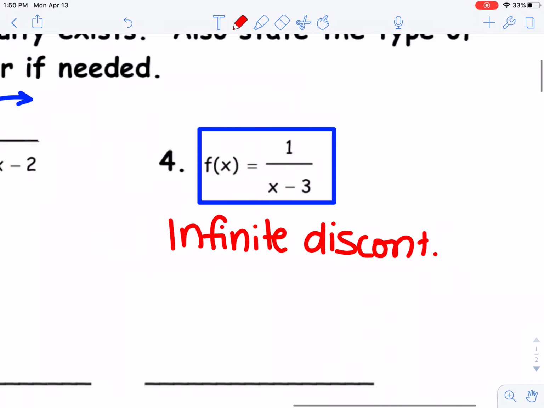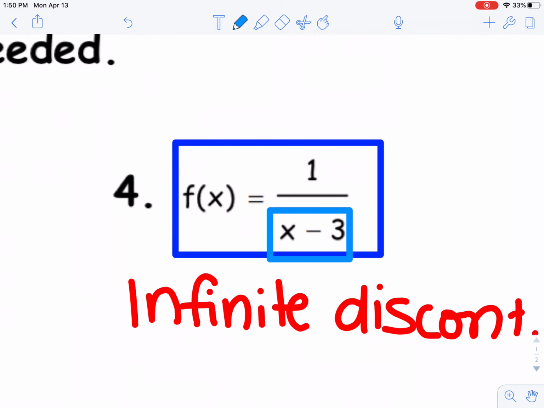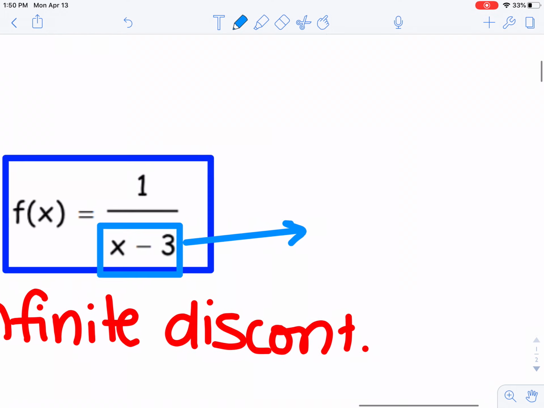And, of course, we want to know where that is going to occur. It's going to occur where the vertical asymptote occurs. This is all Algebra 2 kind of coming back at you. Calculus has a lot of Algebra 2 in it, okay? So my vertical asymptote occurs where the denominator equals 0.